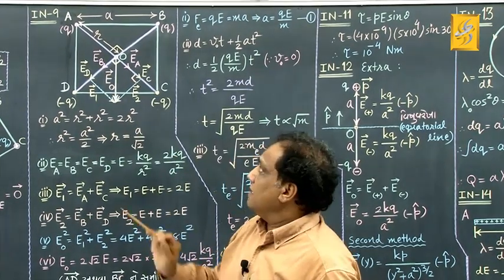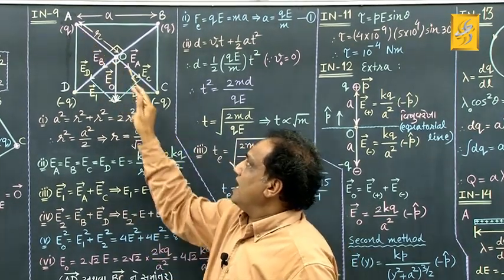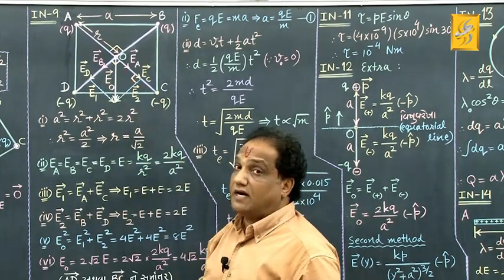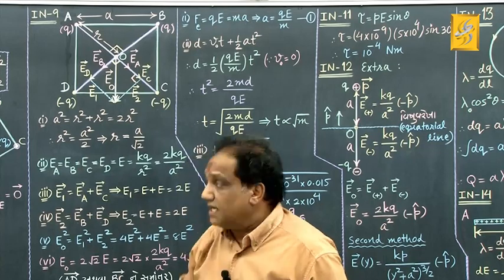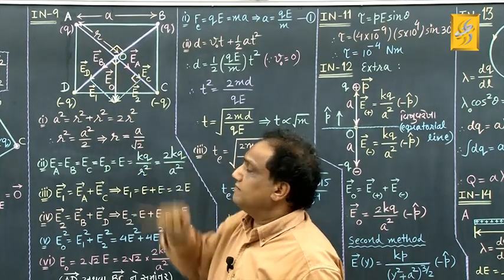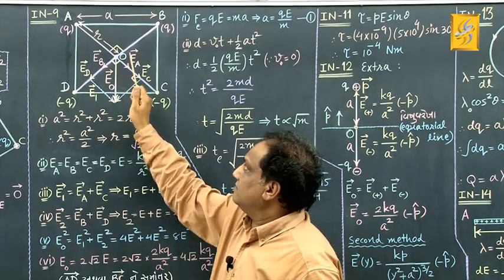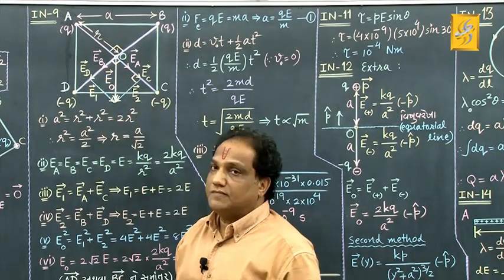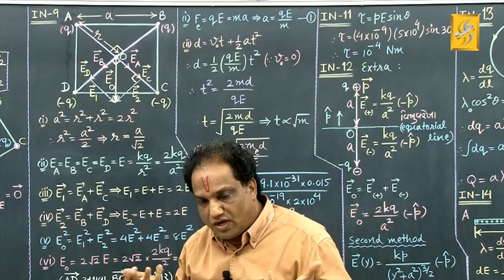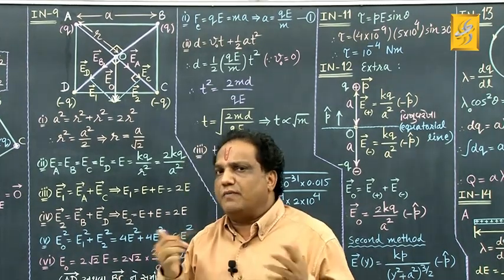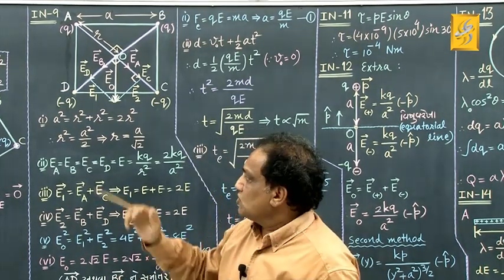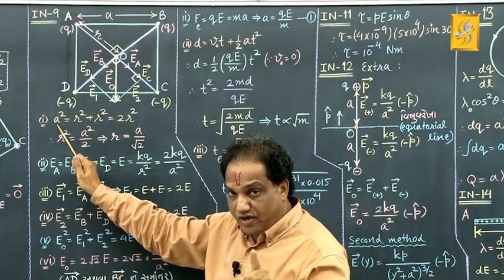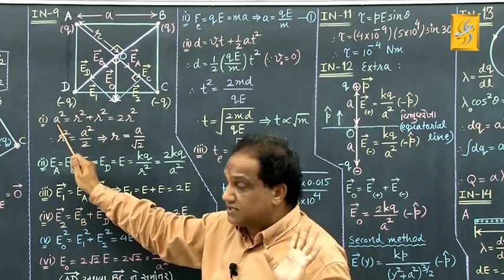Now don't you know, the diagonals of a square always intersect at a right angle. That's why this angle is a right angle, and opposite to the right angle, this must be the hypotenuse.